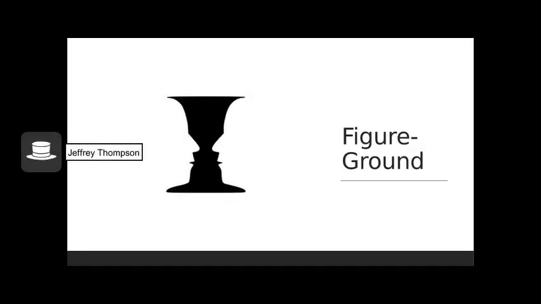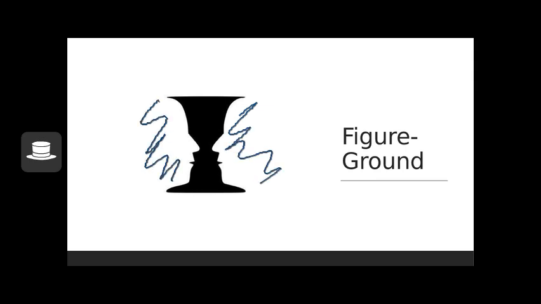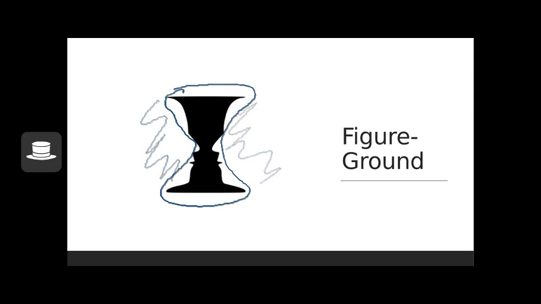Another fun concept is the idea of figure and ground. So, is this a picture of a vase, or is this two faces that are looking at one another, right? If you assume that the white is the background, then you focus on this vase in the middle because the white feels like the ground, the background, and the foreground seems like it is the figure, right?